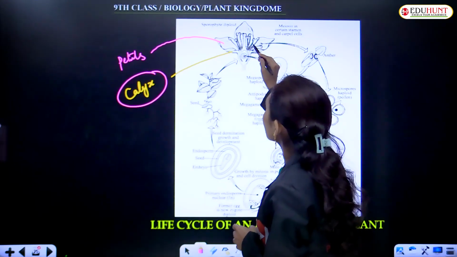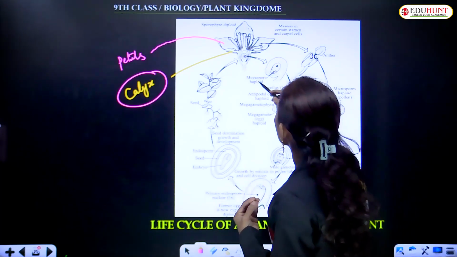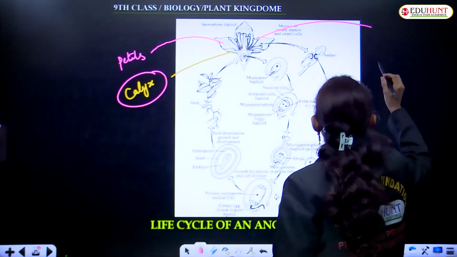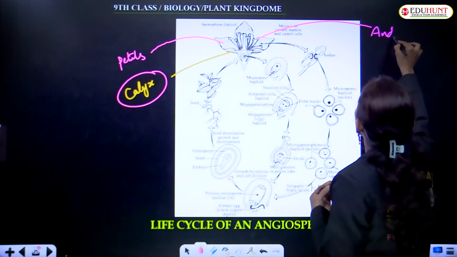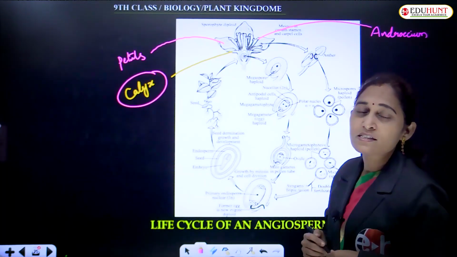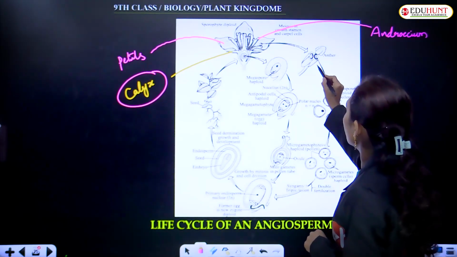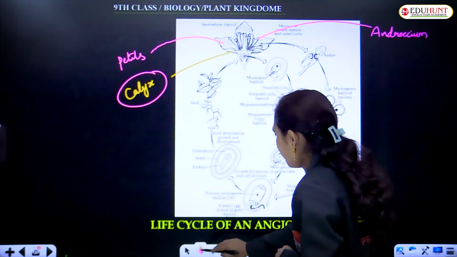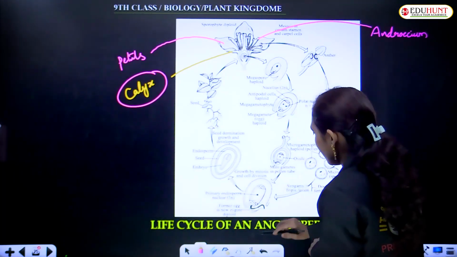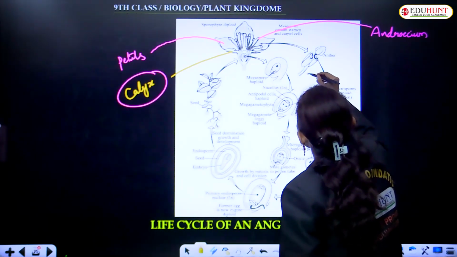And the third whorl is the androecium. Androecium consists of stamens. This is the stamen.